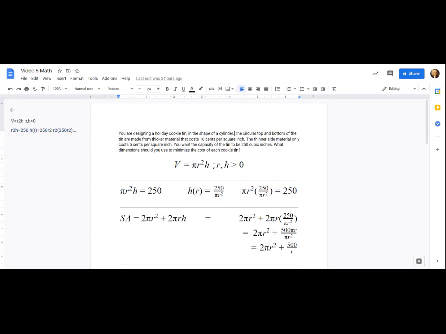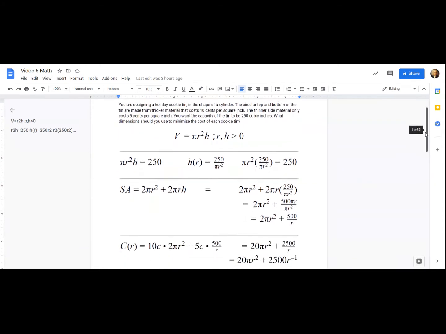Now, to get back, the circular top and bottom of the tin are made from a thicker material that costs 10 cents per square inch. The thinner side material only costs 5 cents per square inch. So in that case, we're not talking about volume, we are talking about surface area.